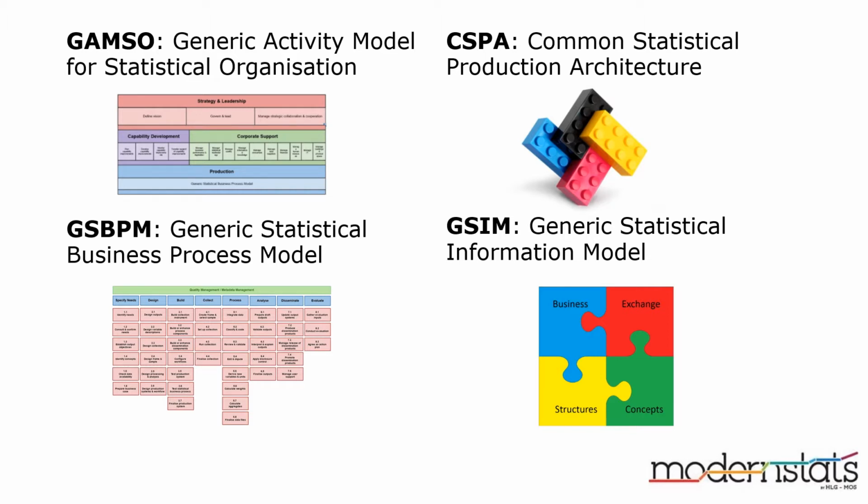And we also have CSPA, the Common Statistical Production Architecture, which was on version 1.5 in December 2015, but I know they're working on a new version as we speak. And then the GSIM, the one that we'll be talking about today. The new version, 1.2, came out in August of 2019. So the 1.2 is really fresh.